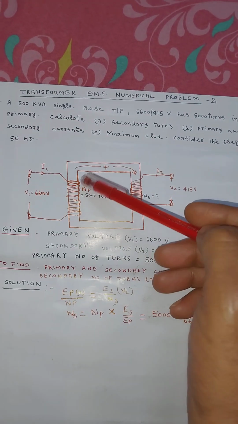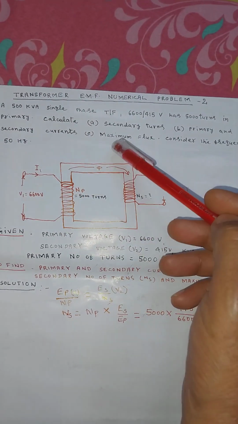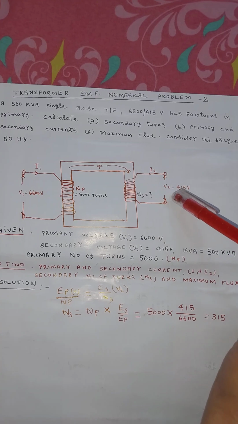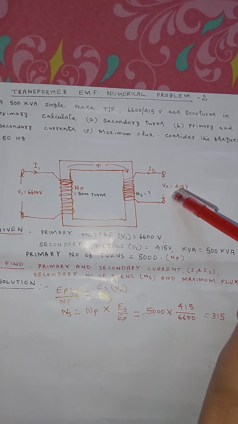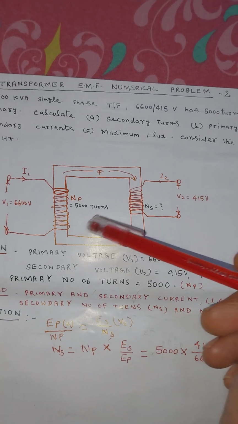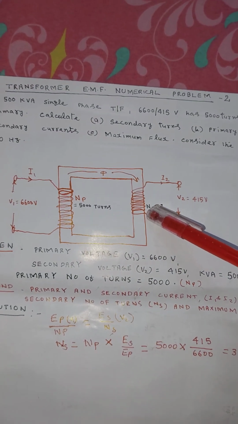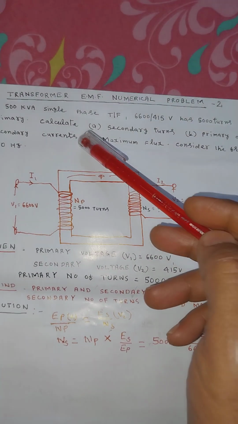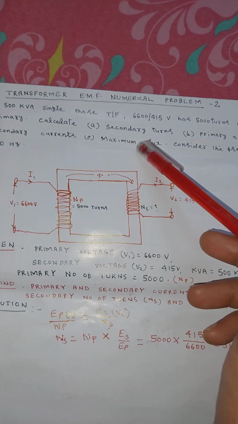This is a transformer. Primary voltage is 6600 volts, secondary voltage is 415 volts. Primary number of turns is 5000 turns. Secondary number of turns is to be calculated. So we have to calculate secondary number of turns.